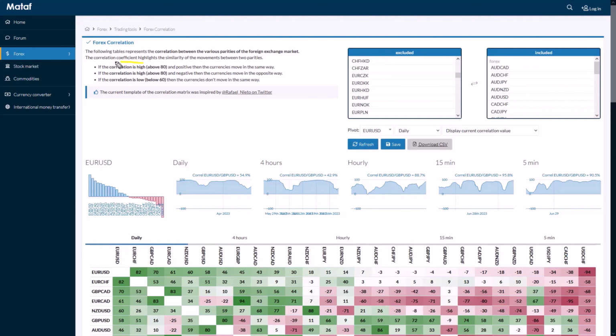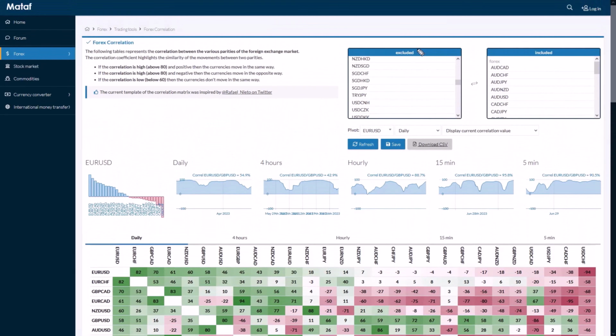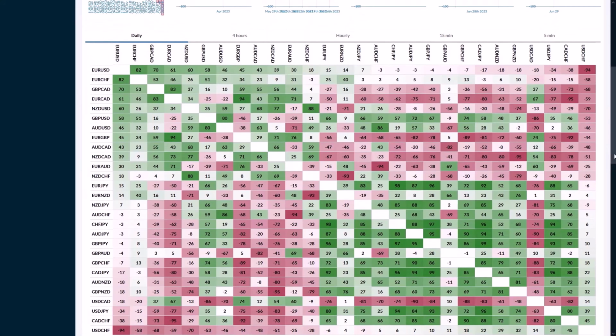In here it says if correlation is high, above 80%, then it's positive, and currencies move in the same way. If it's below 60, the currencies don't move in the same way. Here is the table. You can adjust it in here, and in here, you can find the instruments you are interested in.